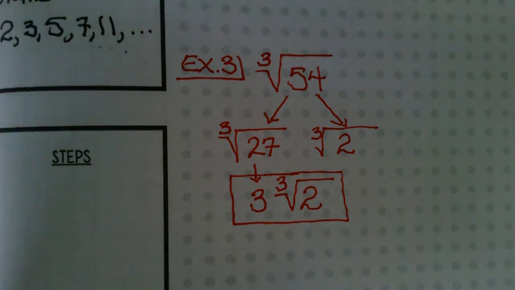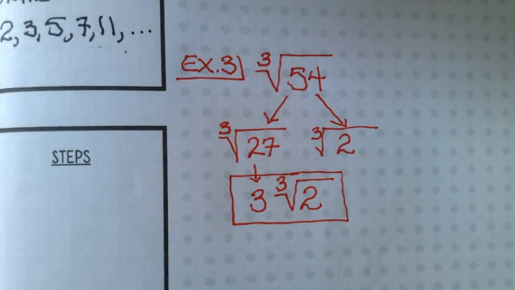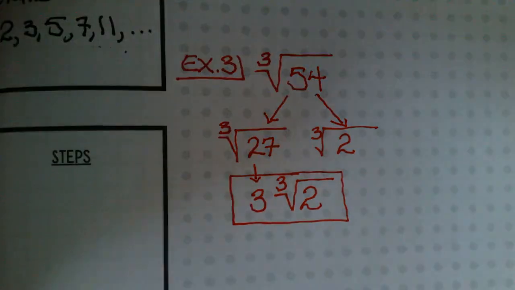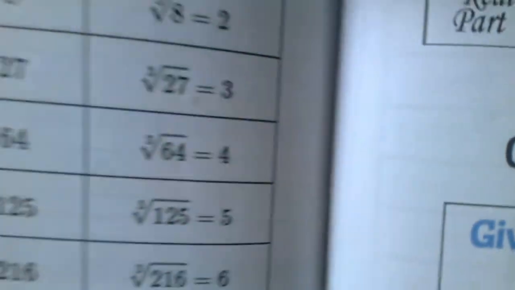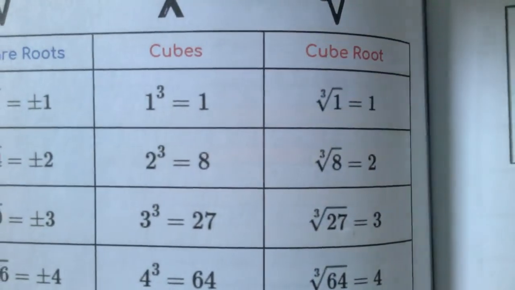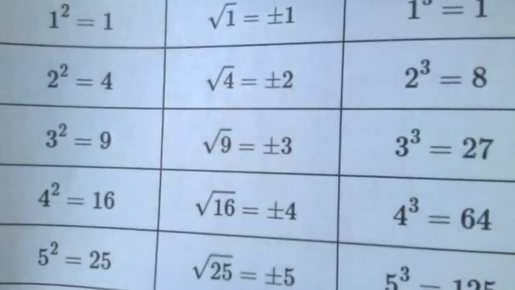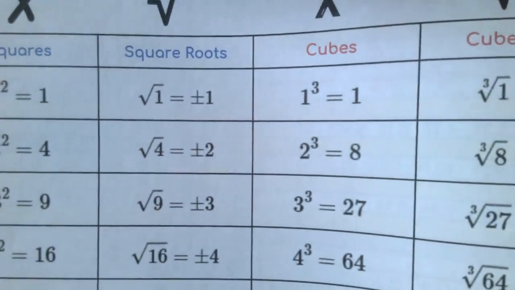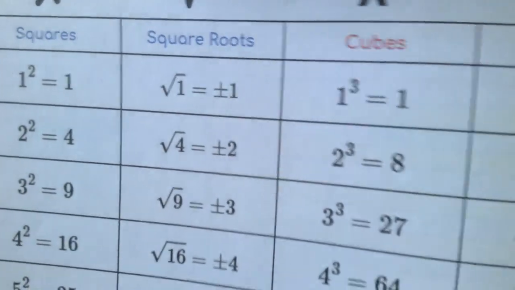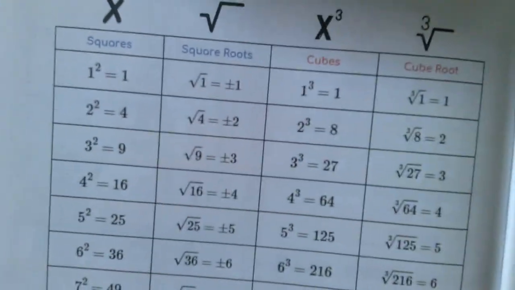Alright? So, cubes are harder than squares because you don't get too much exposure with the cubes than you do with the square roots. So we really have to practice up on understanding your perfect cubes, and not only your perfect cubes, but also understanding your perfect squares.